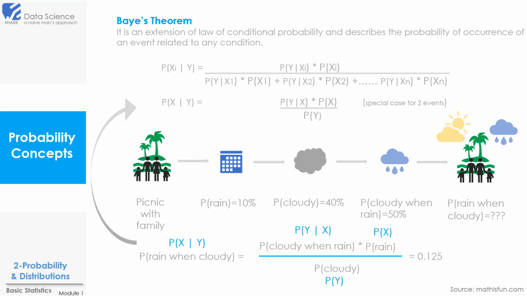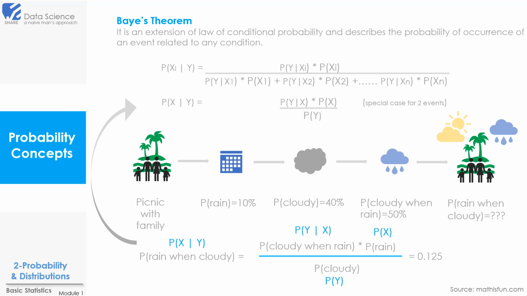The formula says probability of rain provided the weather is cloudy is equal to probability of cloudy weather when it has rained, that is 0.5 in our case, multiplied by probability of rain, which is 0.1 in our case, and divided by probability of y, that is probability of the weather being cloudy, which is 0.4 in our case. We will put in these values and we'll get the probability of rain when the weather is cloudy as 0.125. So that is how we use Bayes' theorem.